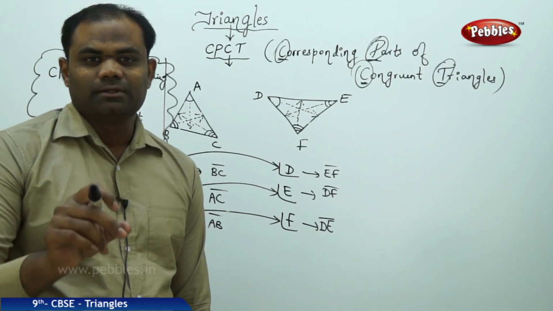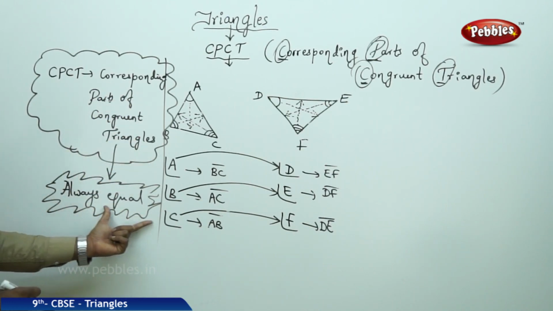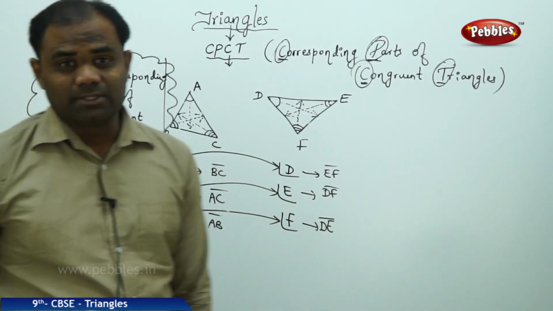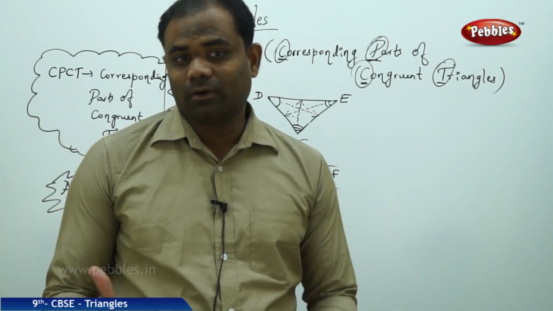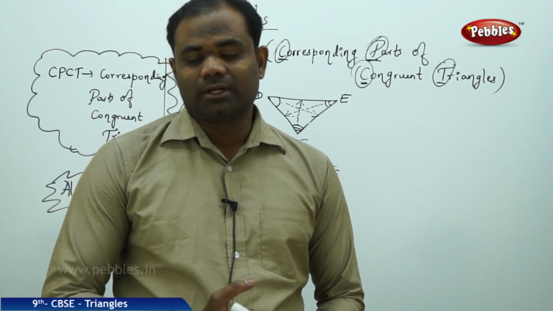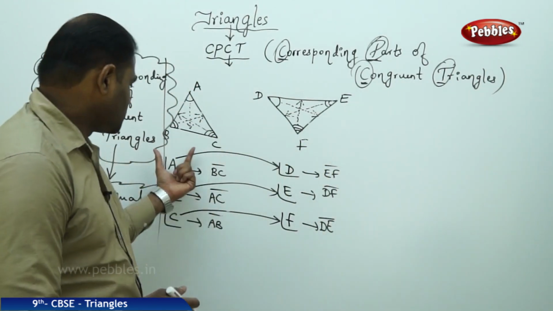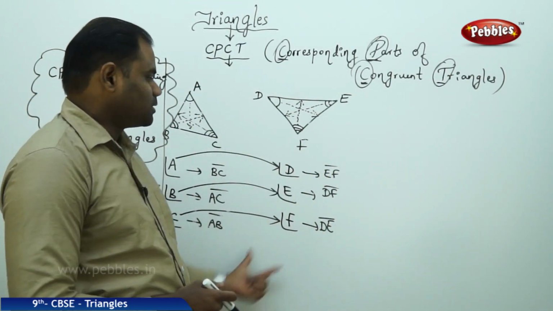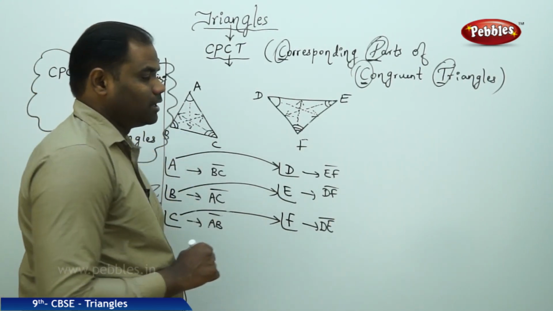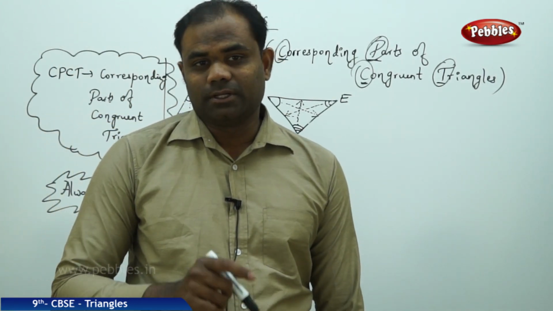By CPCT, we can say the corresponding parts of congruent triangles are always equal, is how I understand the CPCT connected with congruency of two triangles. For any two congruent triangles, the corresponding parts must be equal. In this case, corresponding angles and corresponding sides are always equal, is how we understand the properties connected with CPCT.